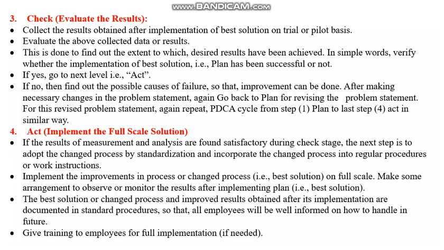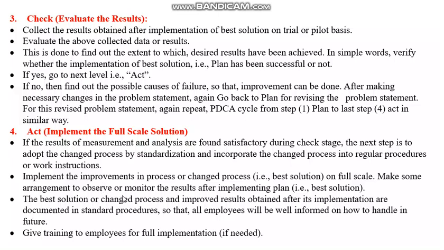Then the fourth one is act. That means you have to implement the full-scale solution. If the results of the measurement and analysis are found to be satisfactory during the check stage, the next step is to adopt the changed process by standardization and incorporate it into regular procedures or work instructions.